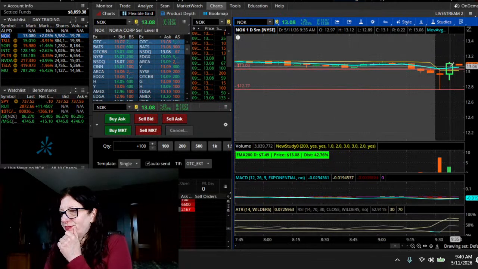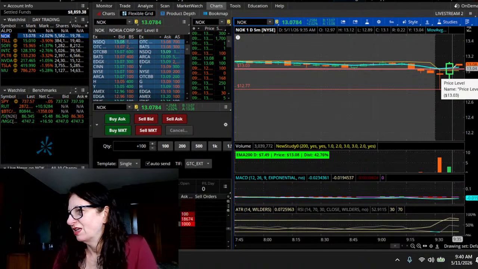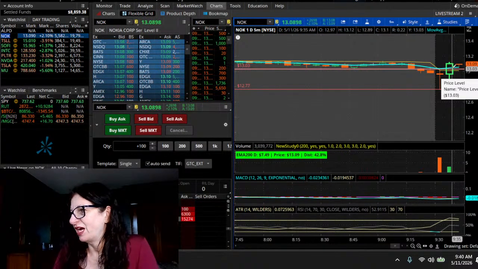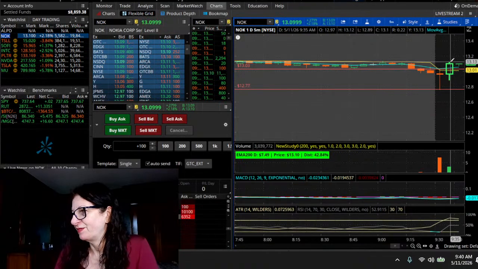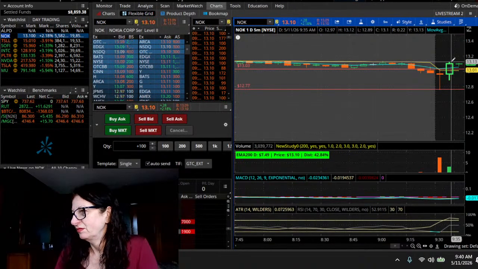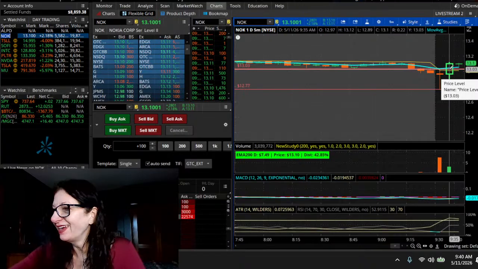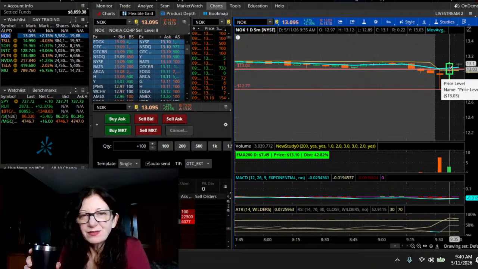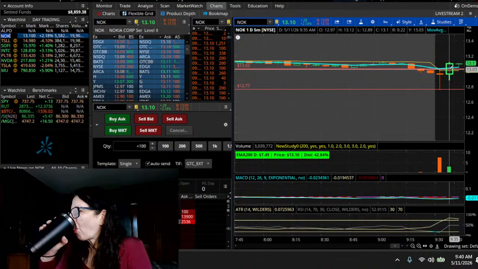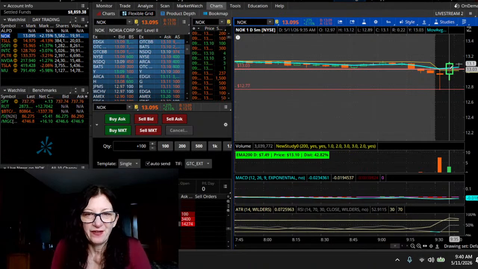So if I had gotten in on Nokia above the 9 EMA, like here at 1305, interesting. I kind of like this. It's a little bit slower paced, not so frantic, trading on the 5-minute.